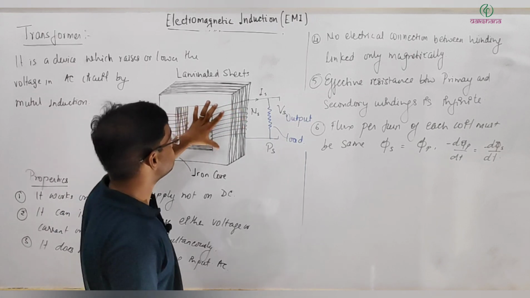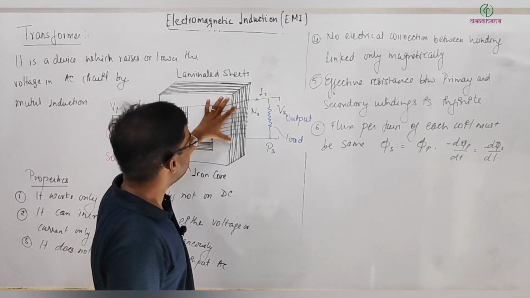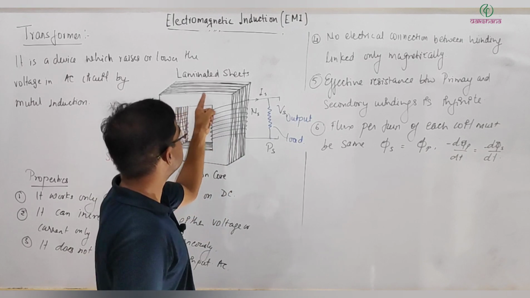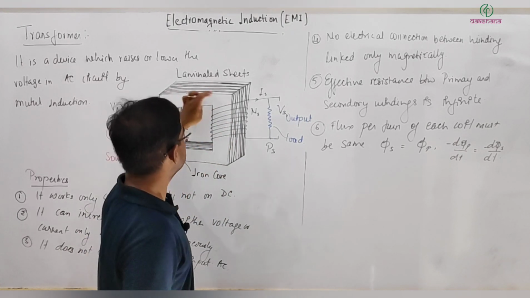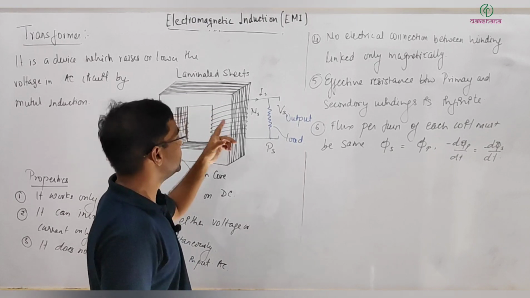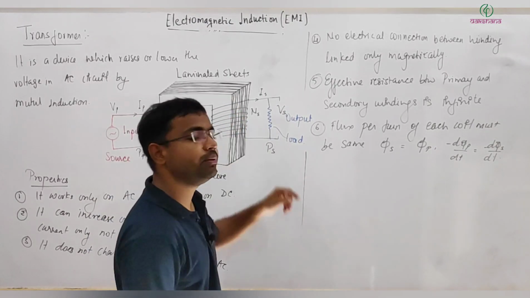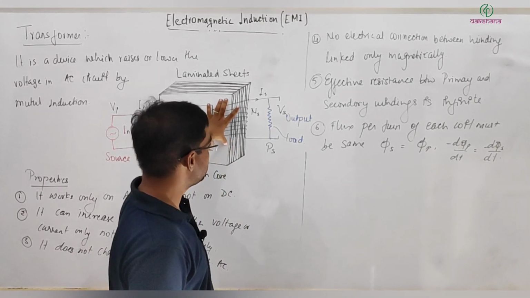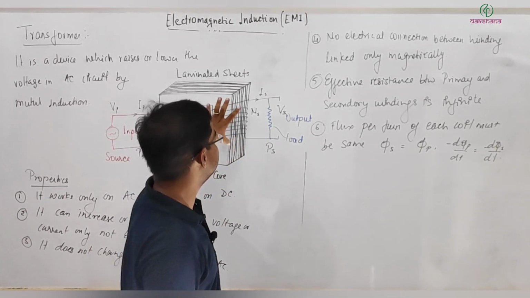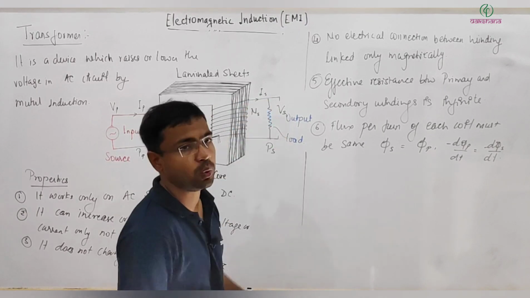This is the secondary coil, and because this flux completely passes through it, the changing flux linked to it induces some EMF in this coil, and we use this EMF for the load.